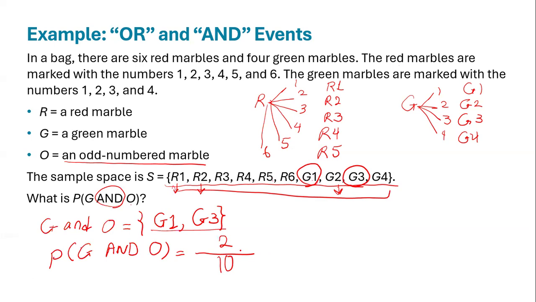So it's 2 over 10, which if I simplify, I get 1 over 5. I was just looking at my writing. It was missing one.